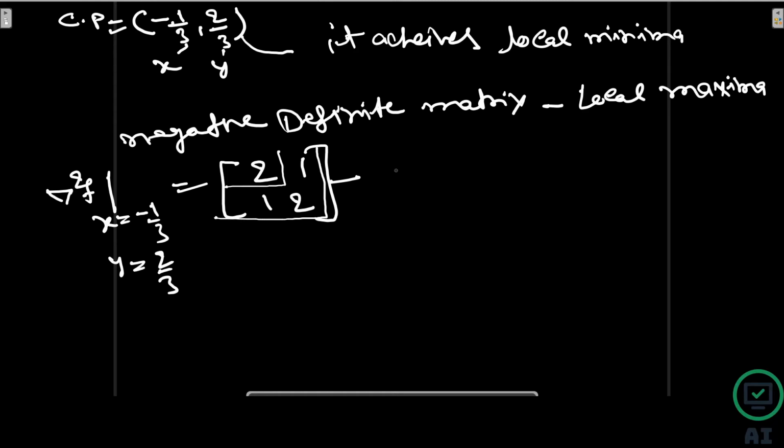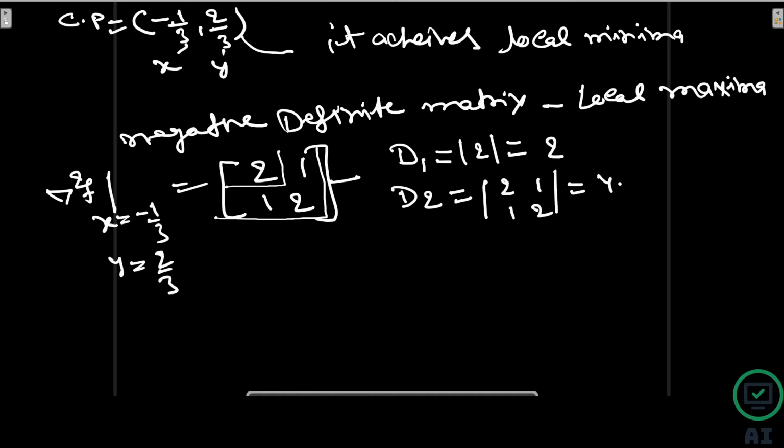So let's find out the minors. D1, the determinant of the first principal component, is nothing but 2 itself, and the determinant of the second principal component, which is the matrix itself, is 4 minus 1 equal to 3. So this is greater than 0 and this is also greater than 0.